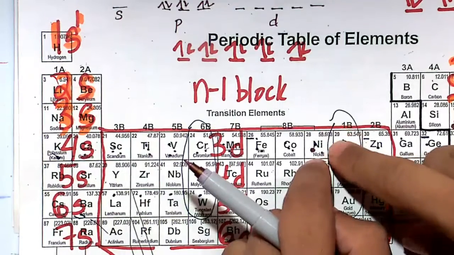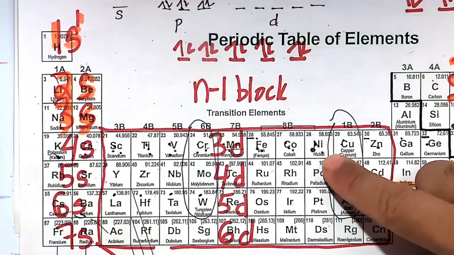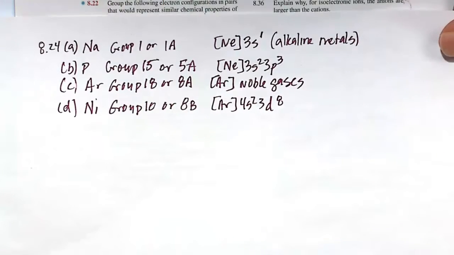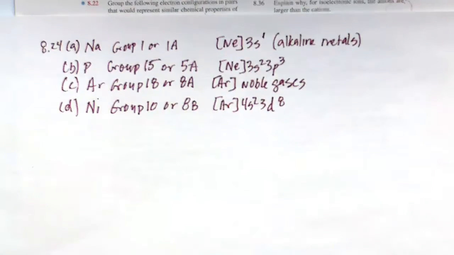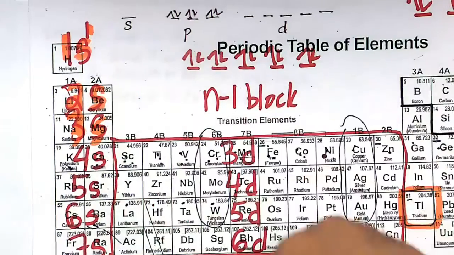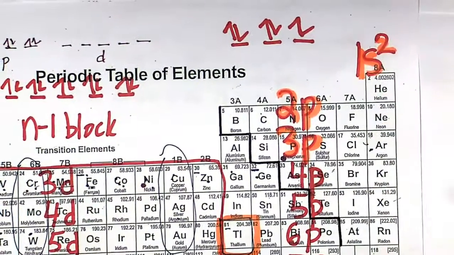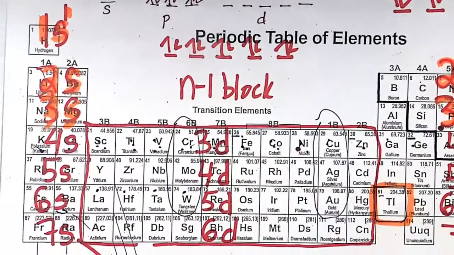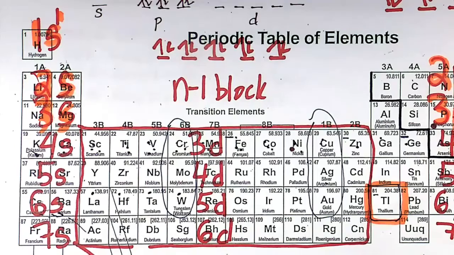Argon 4s2 3d8. The group is the main column in the periodic table, and some of them have very specific names, like the alkali metals and alkaline earth metals. These are the halogens, and these are the noble gases. Others don't have a specific name, so we just go by the number based on what version of the periodic table we're using.